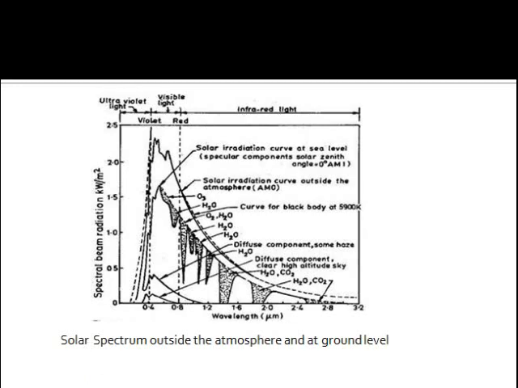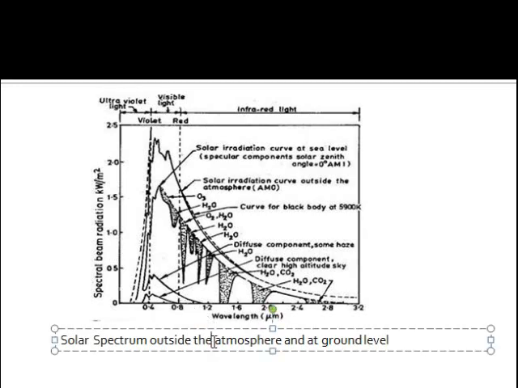This is about the variation of energy density with respect to wavelength, or we can say the spectral variation of energy outside the atmosphere and also at the ground level.